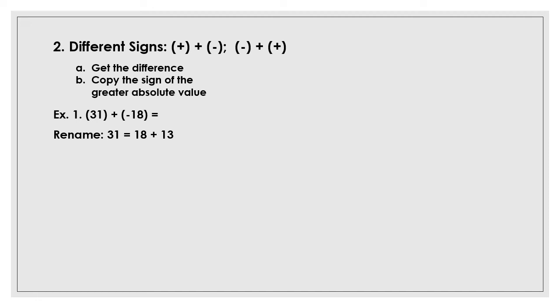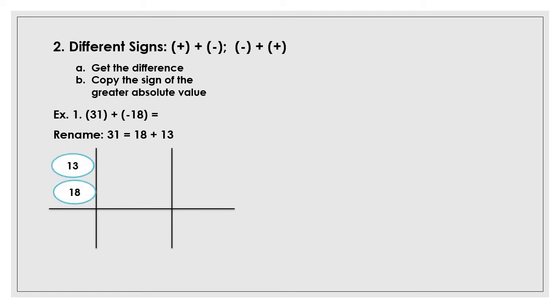Why? Because we need to get the additive inverse of this negative 18 in order to eliminate or to subtract 18 from 31.